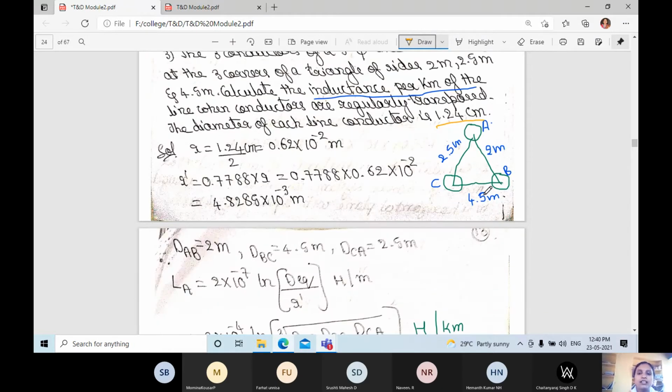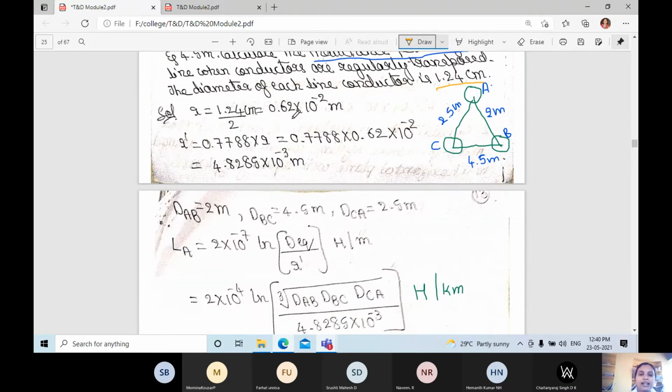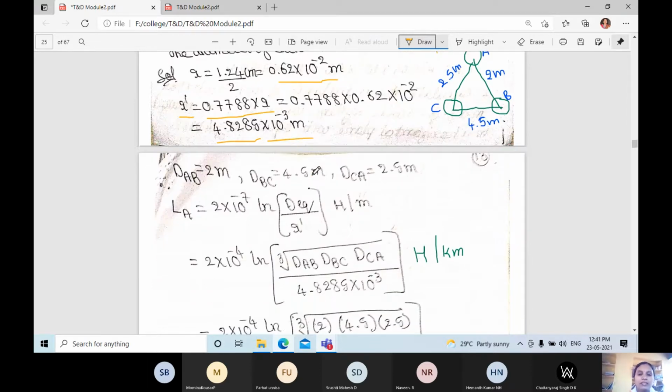We need to convert into radius: we will get 0.62 into 10 to the power of minus 2 meter. R dash is equal to 0.7788 r. If you calculate, you'll get 4.8285 into 10 to the power of minus 3 meter.